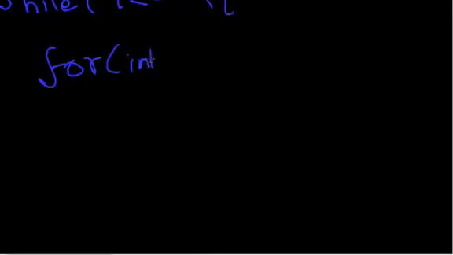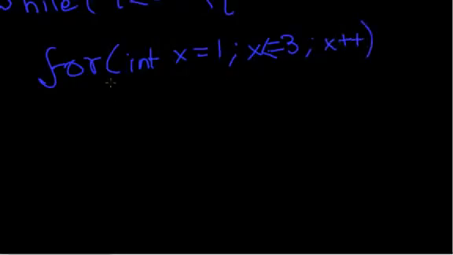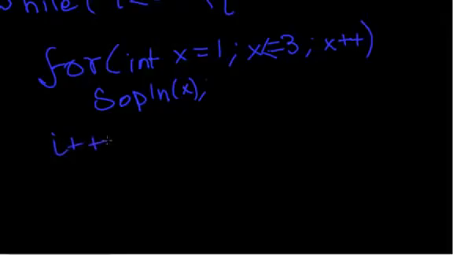If I gave you this piece of code: while i less than or equal to 5, for int x is equal to 1, x less than or equal to 3, x plus plus, and here I said SOPLN x, and here I said i plus plus, and this is outside the for loop, mind you.